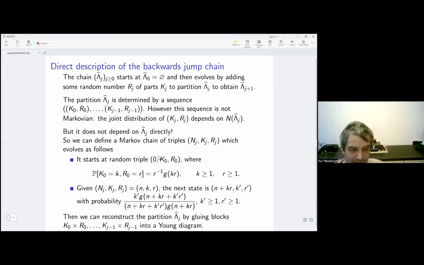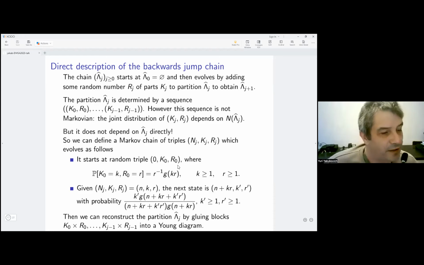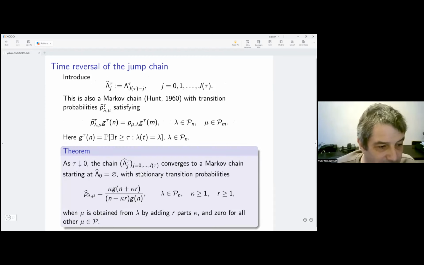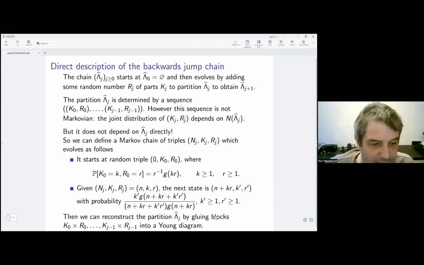And this K0 R0 is a block that we add to the empty partition. And we know its distribution, so we just have to plug in n equals 0, and then we get this formula.